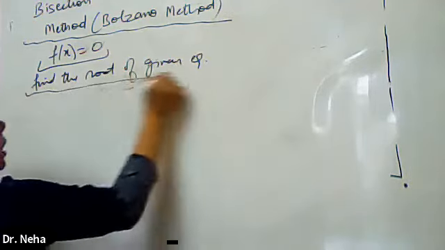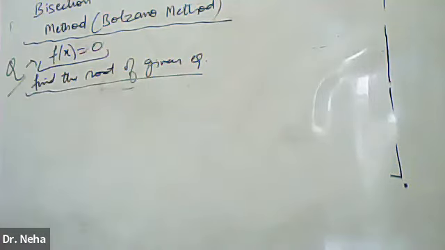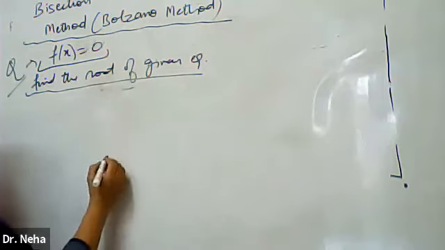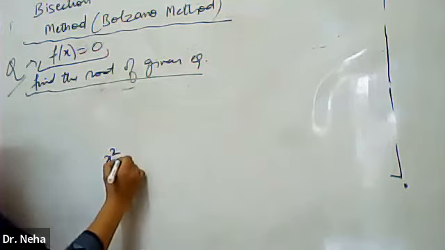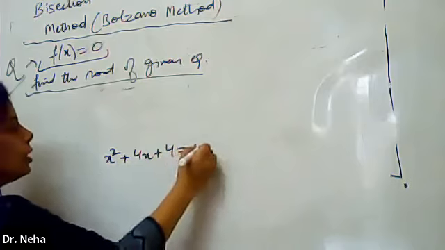This is our statement. Some function is given, f(x) equal to 0, and we need to find the root of the given equation. Now, what does root mean? Let us suppose we have a quadratic x squared plus 4x plus 4 equal to 0.